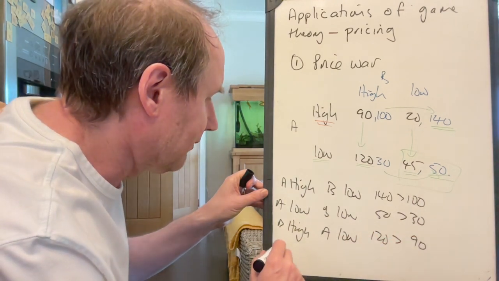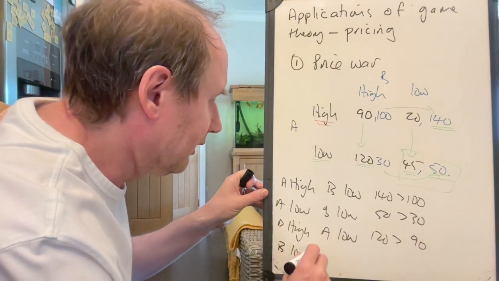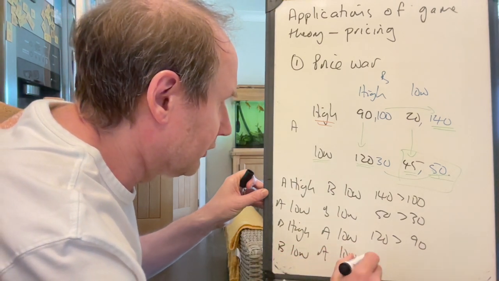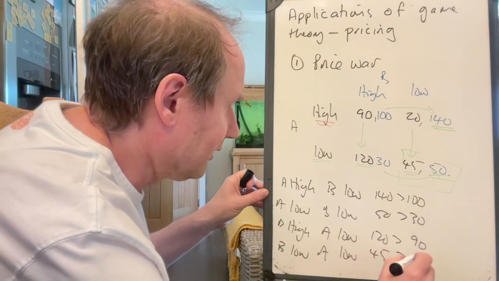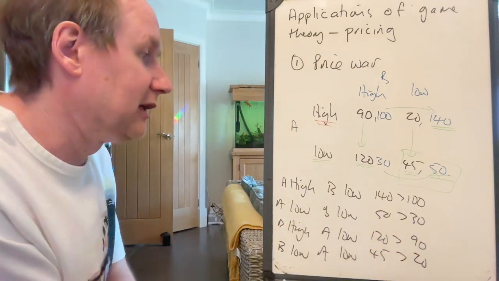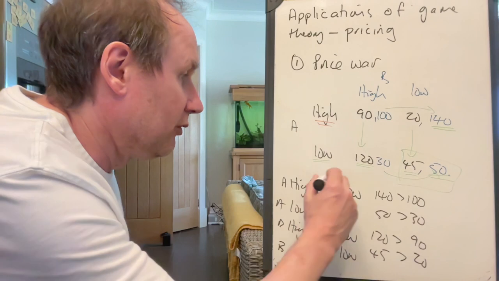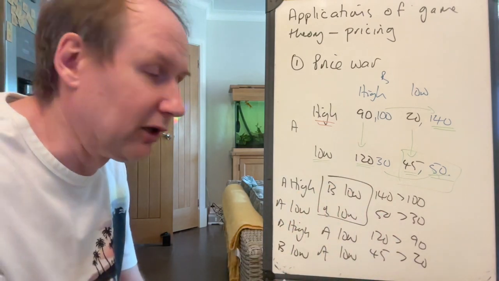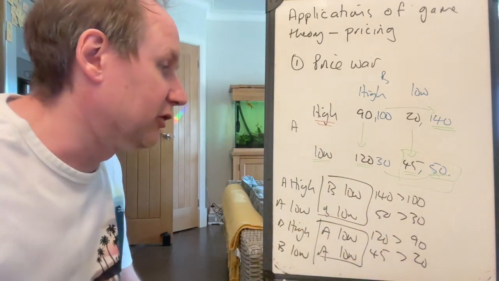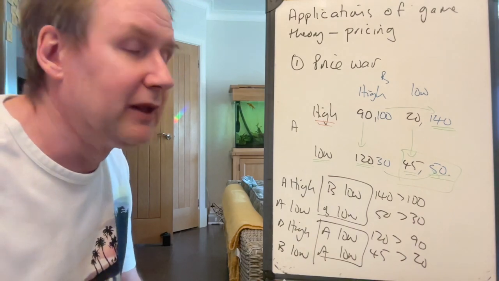And finally, if B goes low, A goes low, because 45 is greater than 20. One of the things we can see if you lay it out this way is B always plays low, showing they have a dominant low price strategy. A always plays low, showing they have a dominant low price strategy as well.